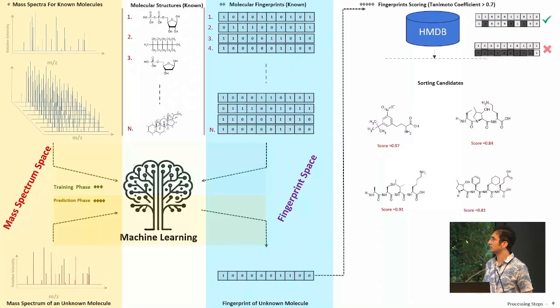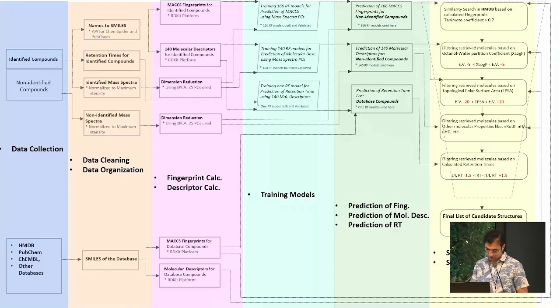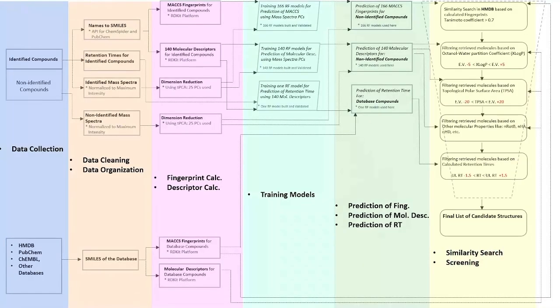The procedure has a lot of details. For every metabolomics experiment that we do in the lab, we have a set of known molecules and a lot of unknown molecules. We can train the models by using the known molecules and use those models for prediction of the unknown molecules.